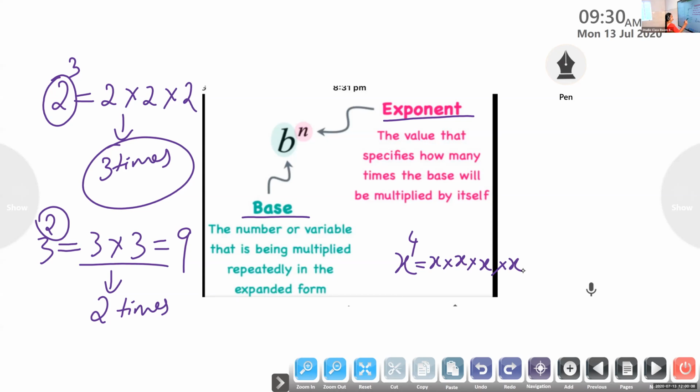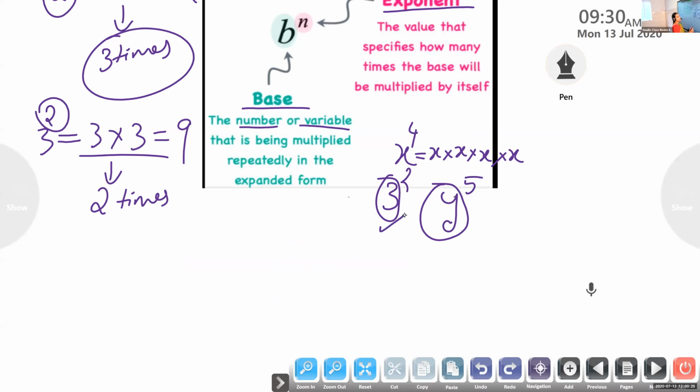In the case of 3 square, the base is a number. In the case of y raised to 5, the base is y, a variable. So a base can be a number or a variable that is being multiplied repeatedly in the expanded form.